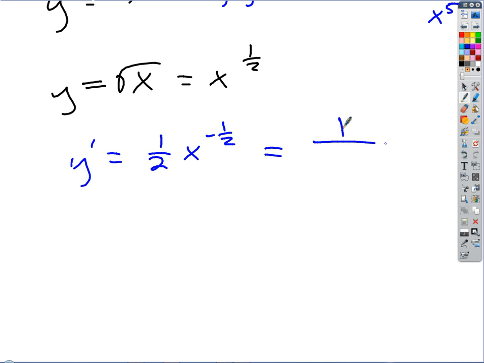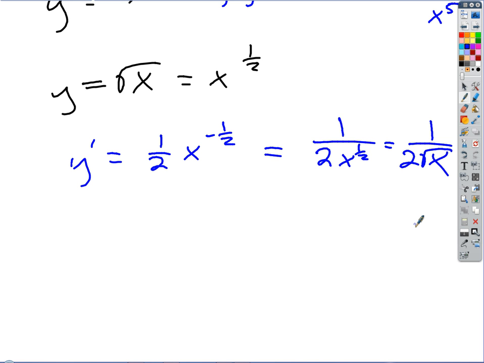And so I'm left with just a 1 on the top. On the bottom, I've now got a 2x to the 1/2, which I could write as 1 over 2 times the square root of x if I want to write it with a radical. That's useful, and you can use it in situations that maybe you didn't anticipate at first.